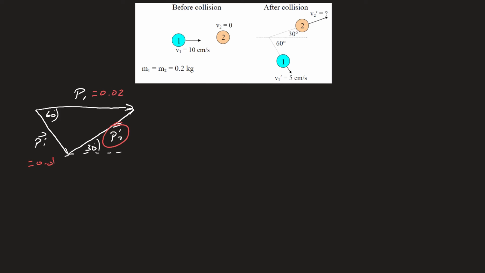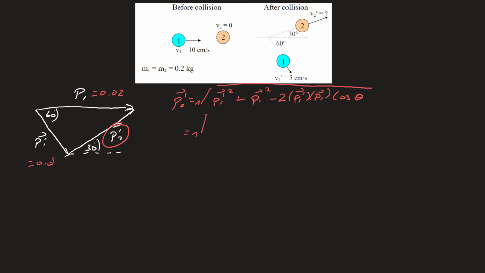So the cosine law here is going to read P2 prime is equal to the square root of one side squared. So we're going to just say P1 prime squared plus the other side squared, P1 squared, minus 2 times the first side times the second side times the cosine of the angle across from the side you're solving for, which in this case is going to be 60 degrees.